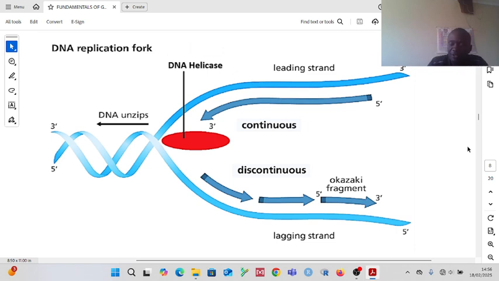So at one position itawekwa nje, then in the other position itawekwa ndani huku. So for example, in figure 3, on the top, what we have as the leading strand, we will have the hydroxyl, the primase being placed at the end on the extreme right.